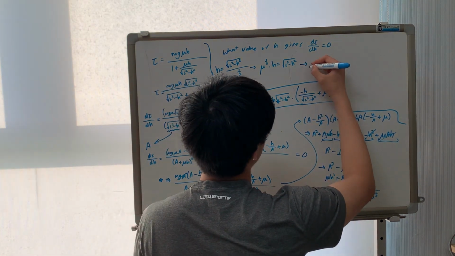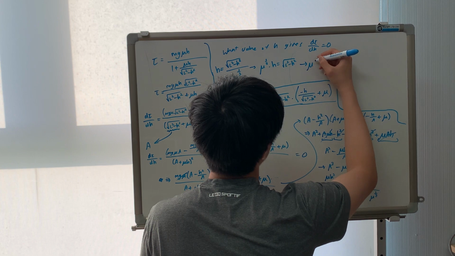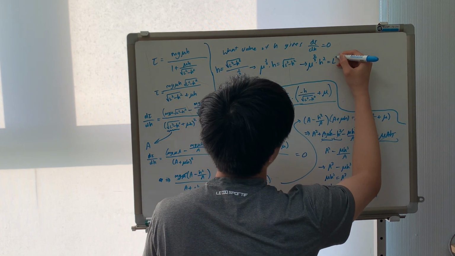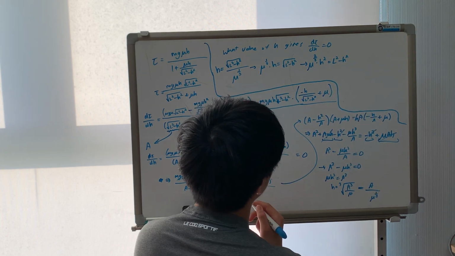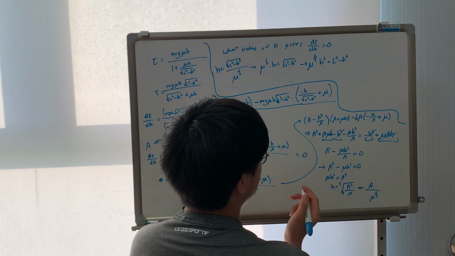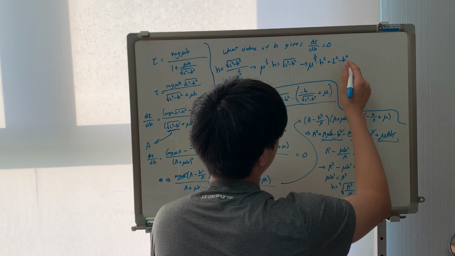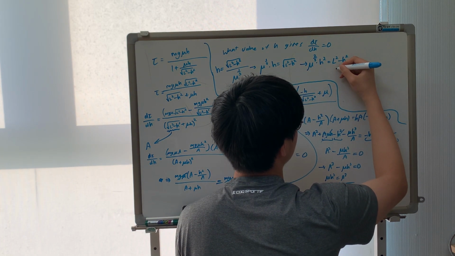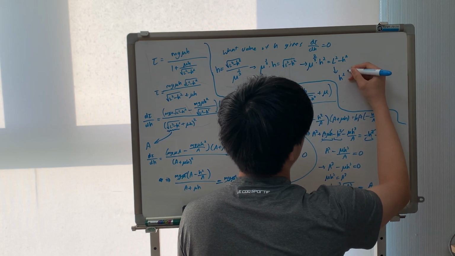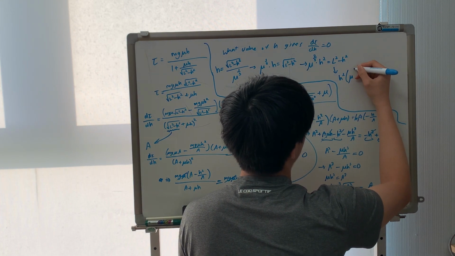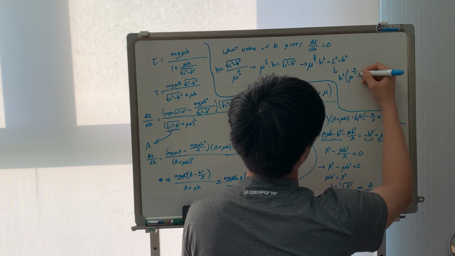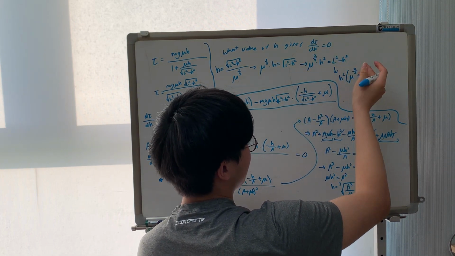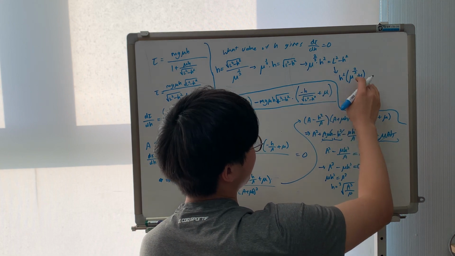And so when we do that, we have mu to the 2/3 times h squared is equal to L squared minus H squared. And now it's simple. We just have to add H squared to both sides and factor out H squared, which is going to give us H squared times mu to the power of 2/3 plus 1, because when we factor H squared out of H squared, we have only 1.